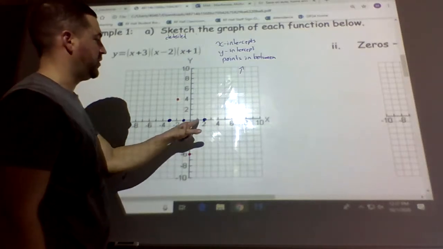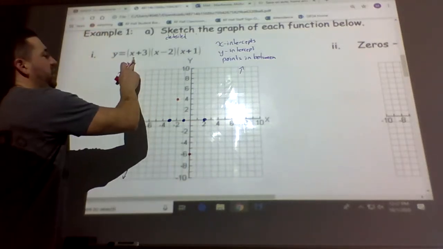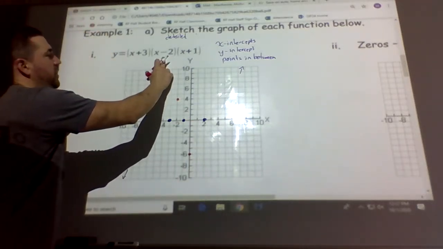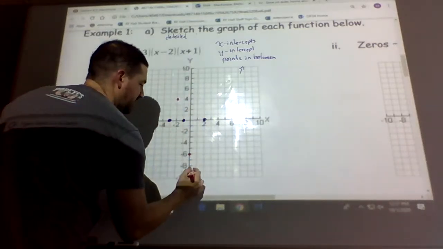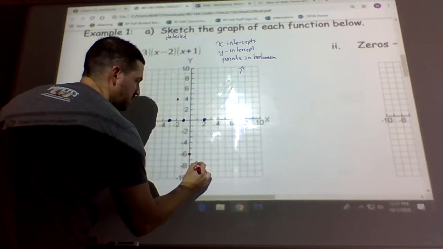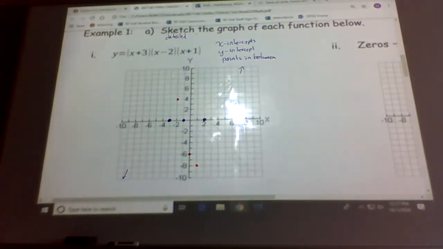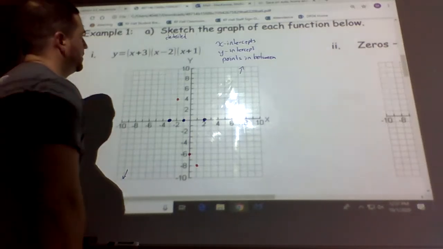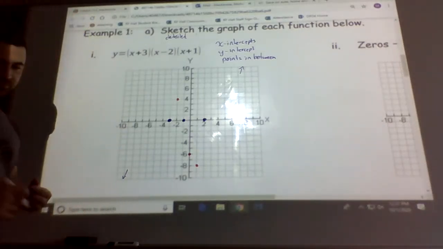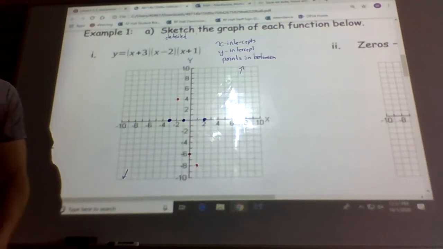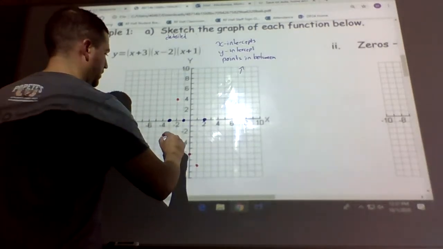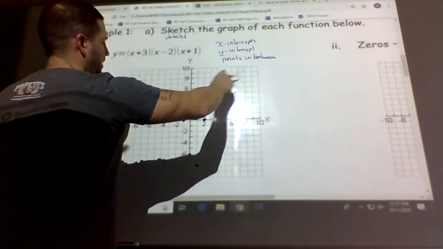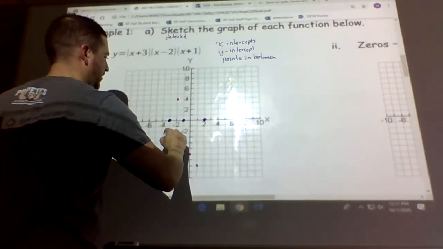Now I'm going to try another value of 1. I plug 1 in here, and 4 times -1 is -4, times 2 is -8. So +1 and -8. Okay, and now I'm going to connect all the dots. I don't care about the ends that far, as long as the arrows go through after.